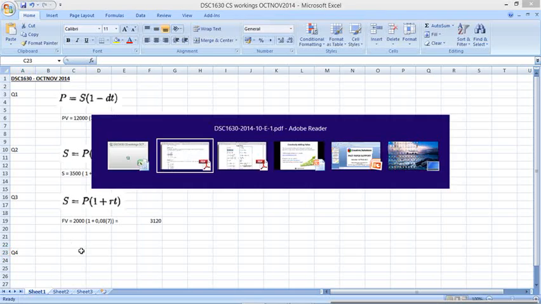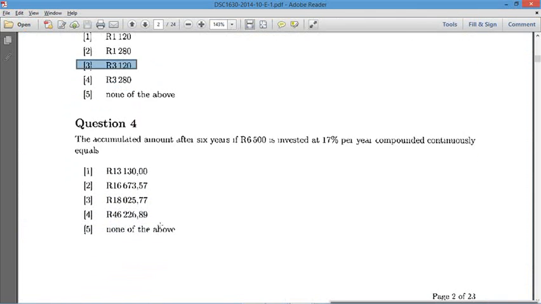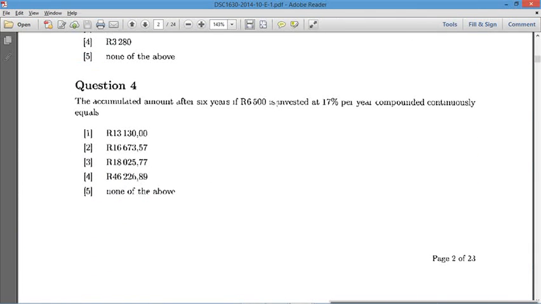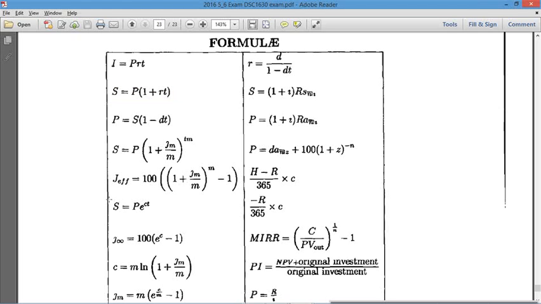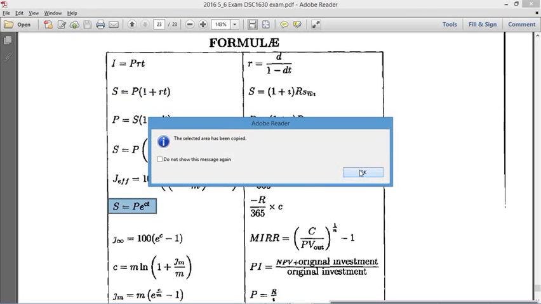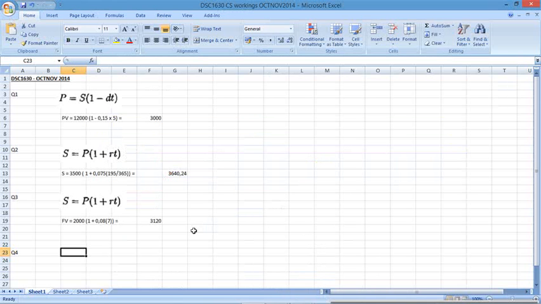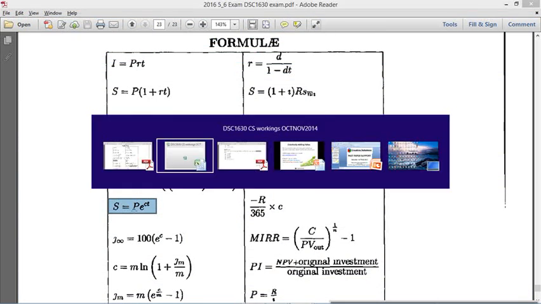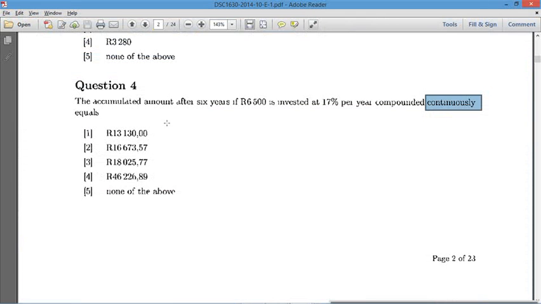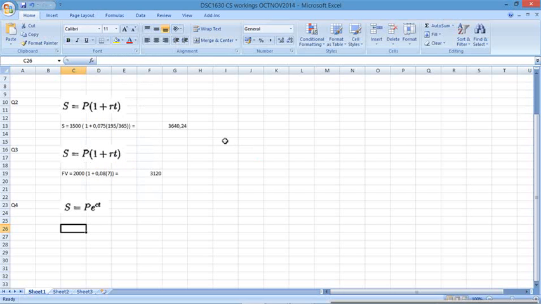Question number 4 says the accumulated amount after 6 years if that is invested at 17% compounded continuously. Again, keyword in the question: continuous compounding. Go to a formula sheet and take the correct equation. There's the equation that I need for continuous compounding. Write that down and then substitute. Remember the question said the accumulated amount after 6 years if that amount is invested.